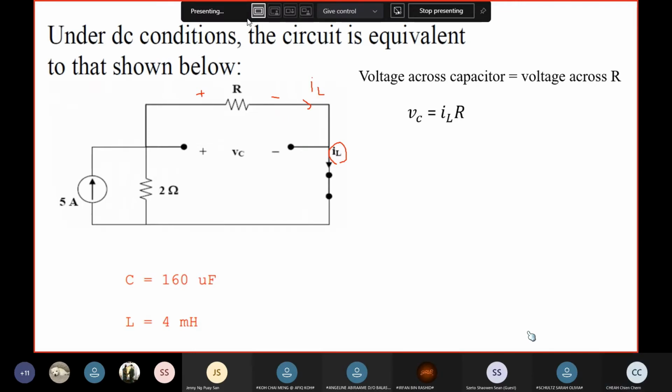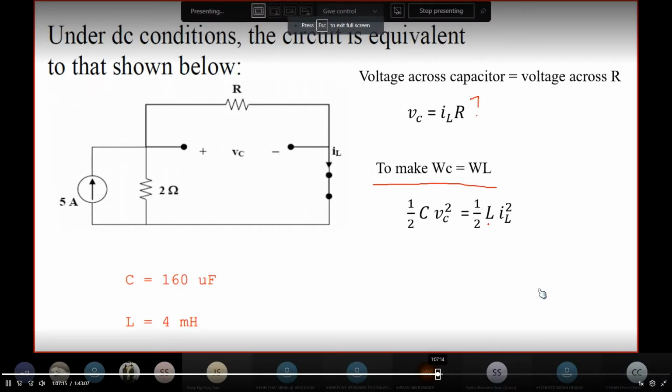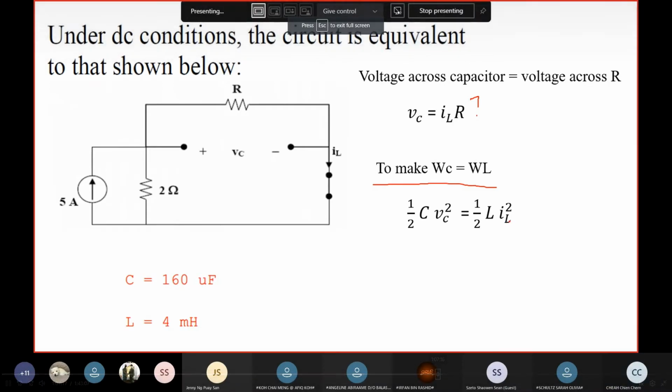Next, recall that the objective is to design the value of R so as to make the energy stored in the capacitor equal to the energy stored in the inductor, which means what? Half C VC squared is equal to half L IL squared. IL is the current flowing through the inductor.